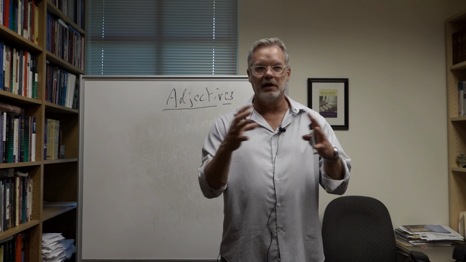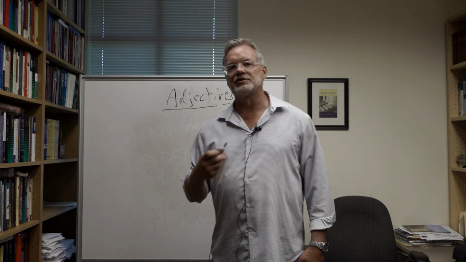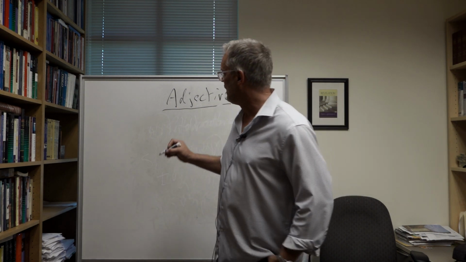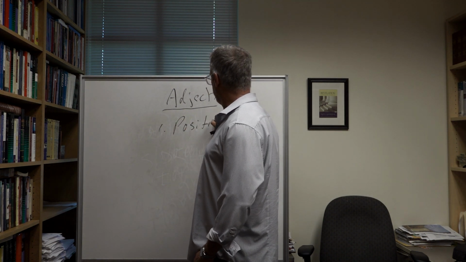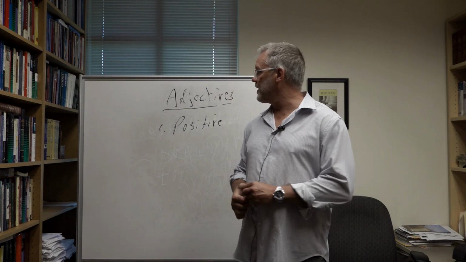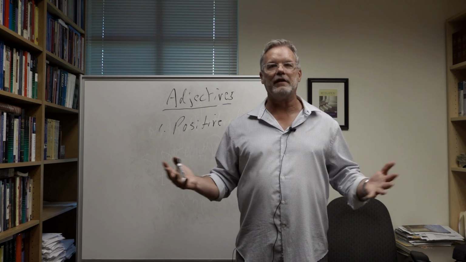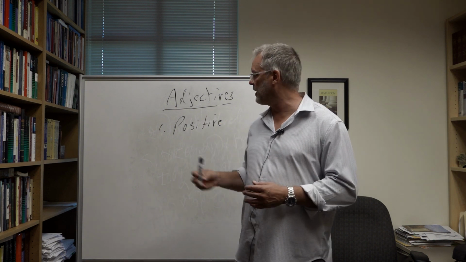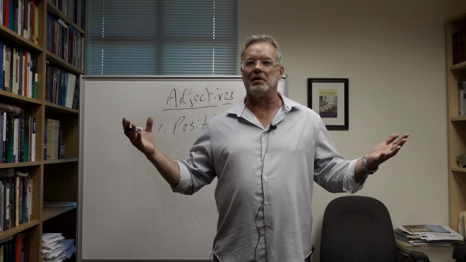I'm comparing two things. So Greek has three levels when it comes to comparison. One is just known as the positive view or positive function of adjectives. That is when an adjective is just describing a noun. So basically the attributive adjective that we looked at, if I say that was a great book, great is just a positive use.